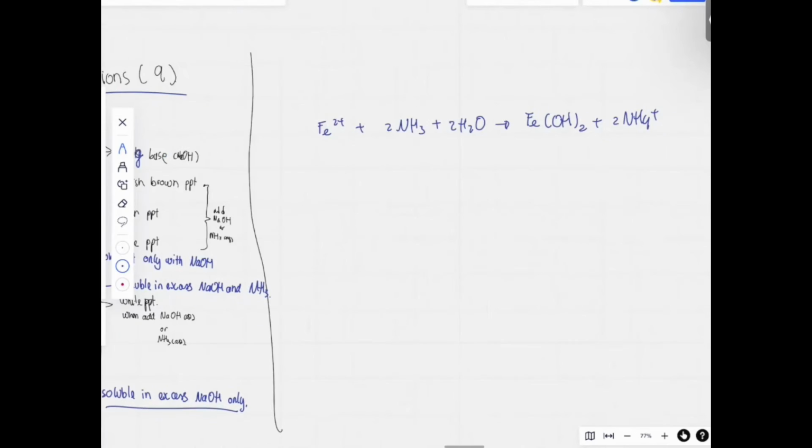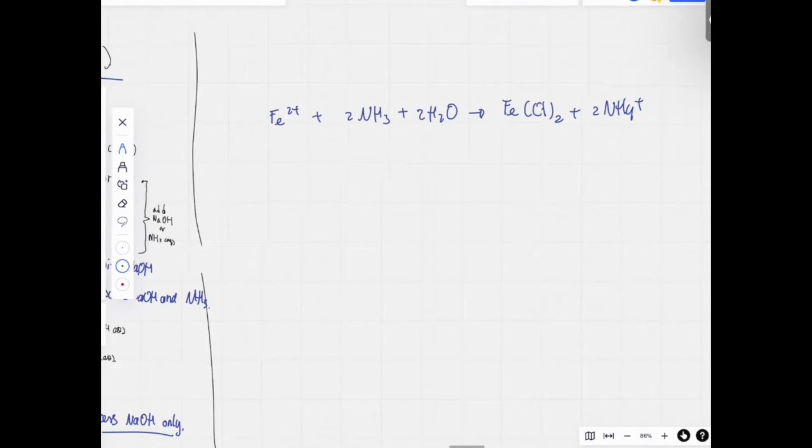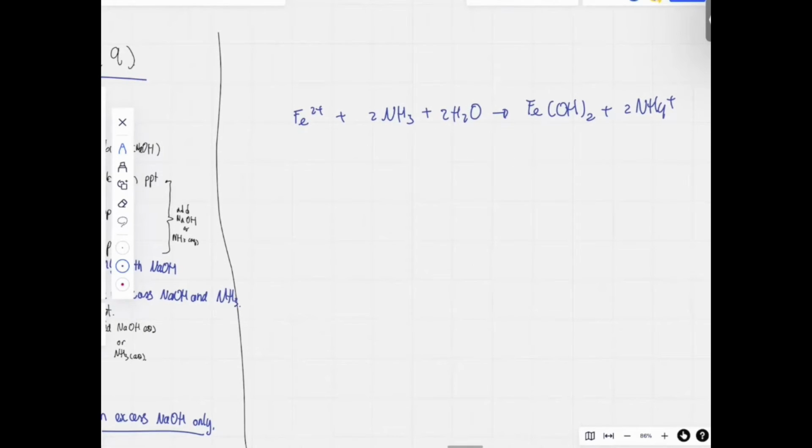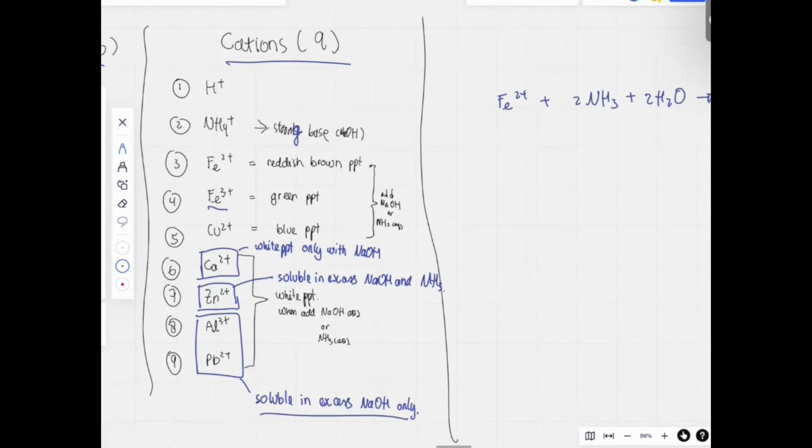The water must be there because the sodium hydroxide is an aqueous solution also, which means it already contains a lot of water.